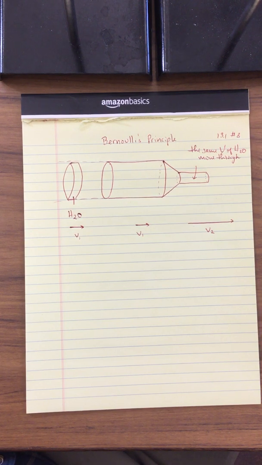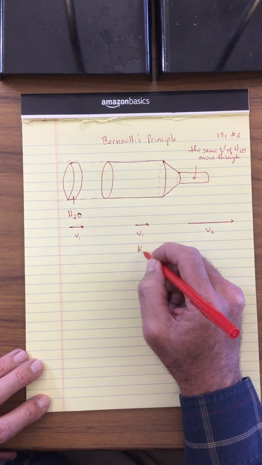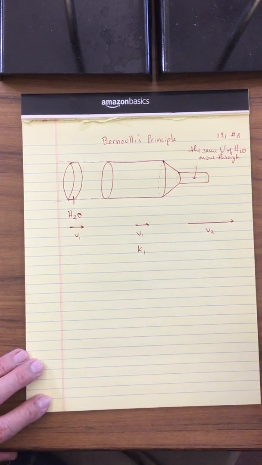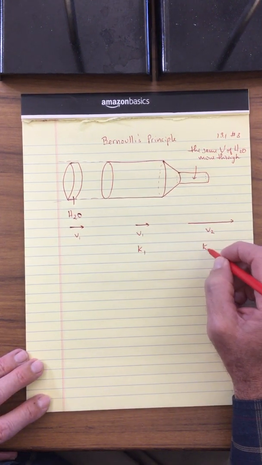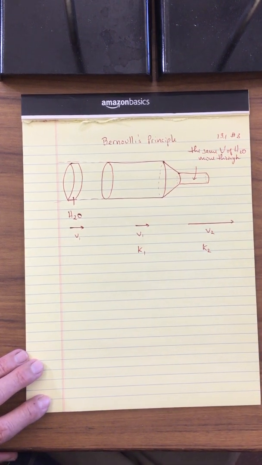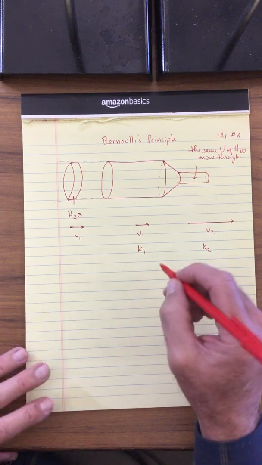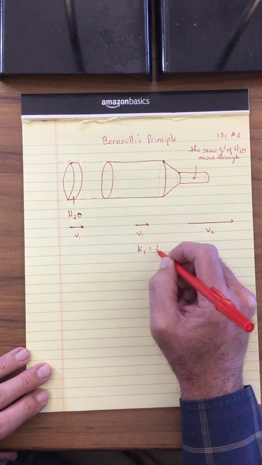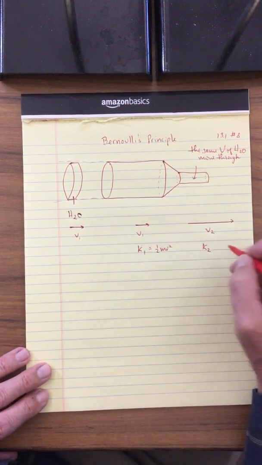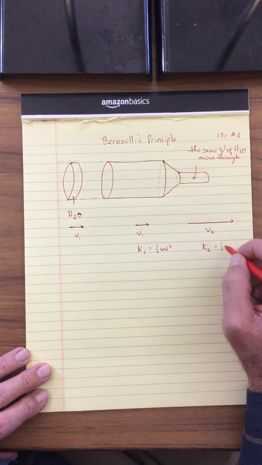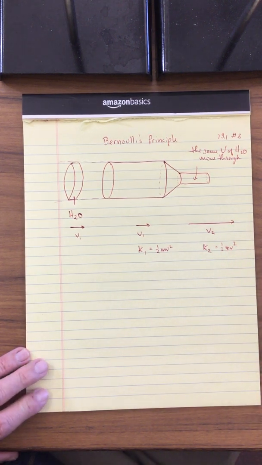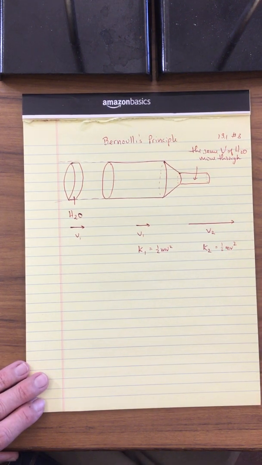So let's take a look at the kinetic energy in this scenario. So here we have K1, here's the kinetic energy, and here we have the final kinetic energy. Okay, so if you remember, K is equal to 1/2 mv squared, so we have 1/2 mv squared, and now we have 1/2 mv squared for this as well.